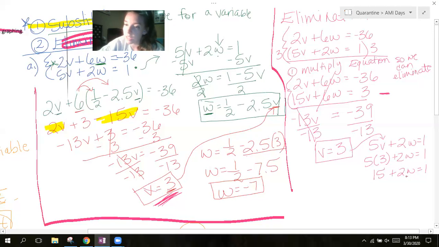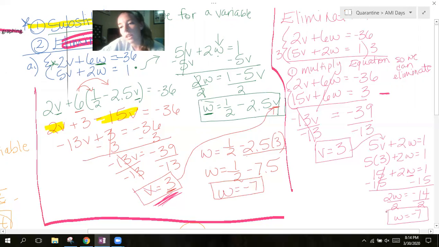Now, again, I'm trying to solve for w, so I have to get it all on one side. So I subtract 15 from both sides. Those cancel, and I have 2w equals 1 minus 15, which gives me a negative 14. Since I'm still solving for w, I divide both sides by 2, and w equals negative 7.